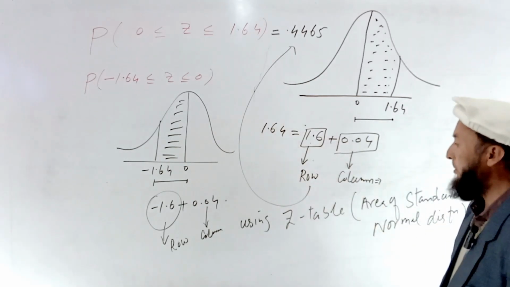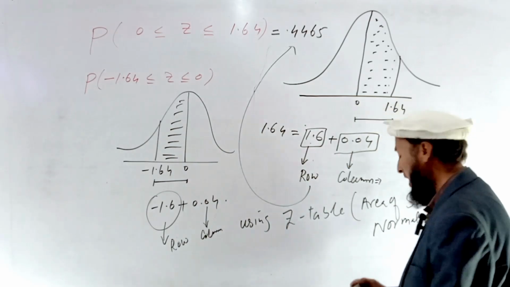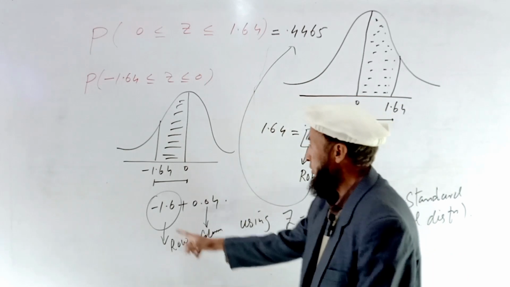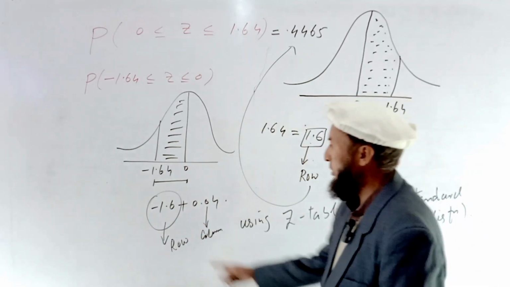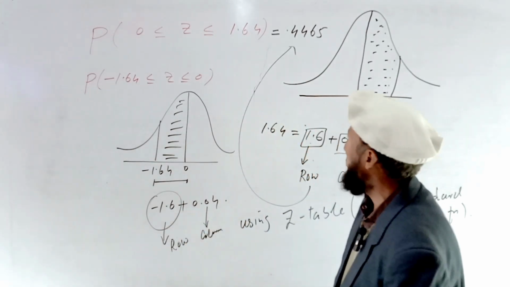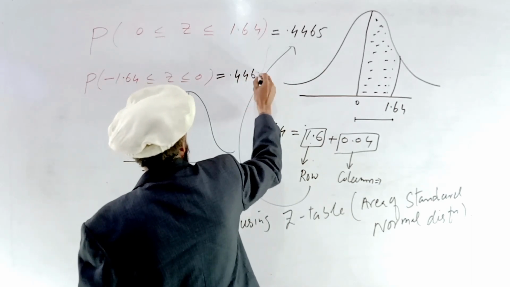Z is called the standardized normal variable, also called the normal distribution. We check the value of 1.6. Here negative, ignore it, 1.6 and 0.04. So the same result we get here, 0.4495.